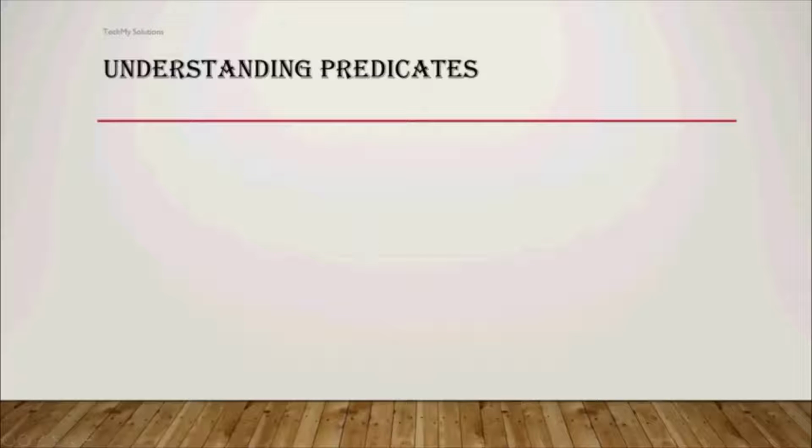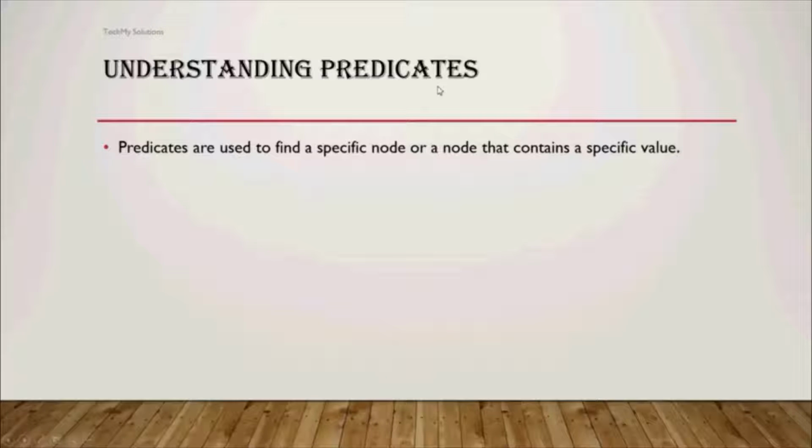Now let's understand the last and final section of an XPath expression, which is called the predicates. A predicate is like a filter, a condition that you put in your XPath expression to filter out and reach a specific node. The predicate is usually under the square brackets. So in your XPath expression, whatever you put under the square brackets is called a predicate.